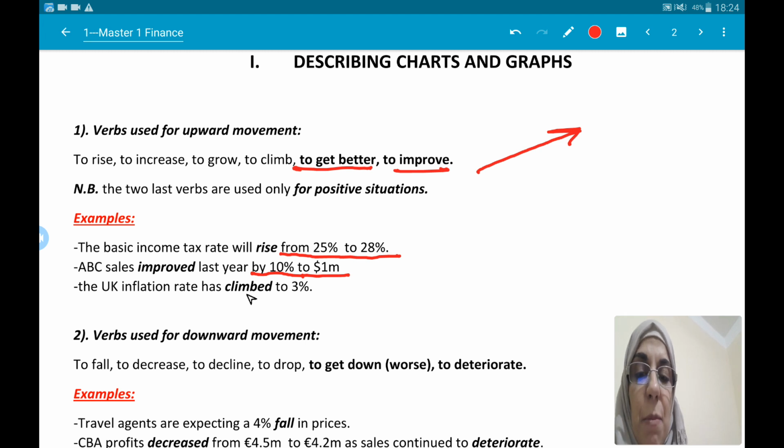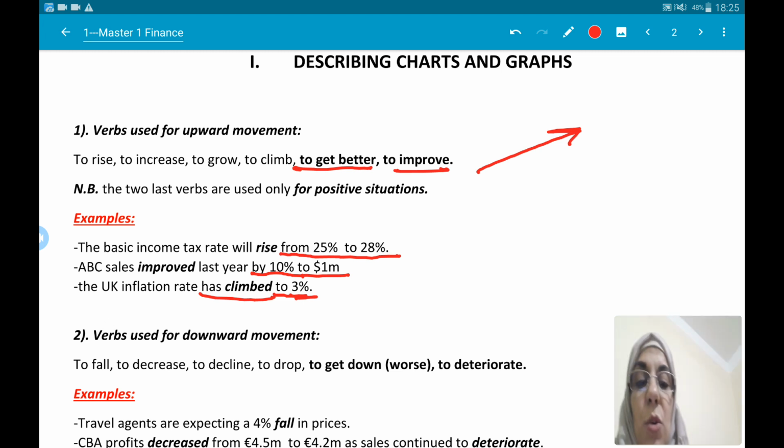Because it is a past participle. We've got here the present perfect tense. Has plus the past participle. To a percentage. The expression to plus a number or to plus a percentage is used with the verb to climb. Okay?